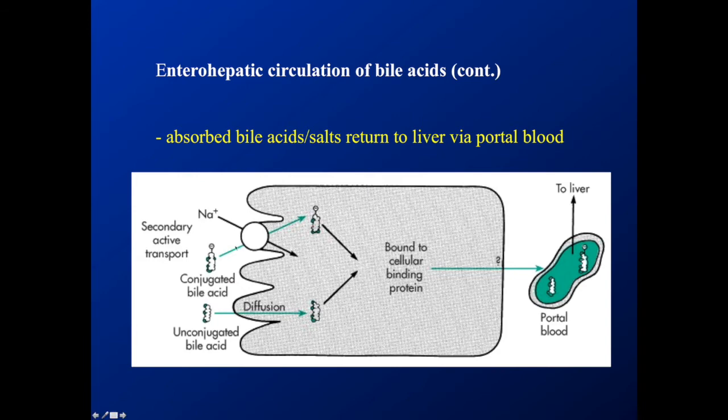Sodium comes in together with a conjugated bile acid, and then these will be bound to cellular proteins and transported into the portal blood supply. As you see, the unconjugated bile acids just passively diffuse across the membrane, being so lipophilic, and then they enter into the same kind of pathways and transportation back to the liver.